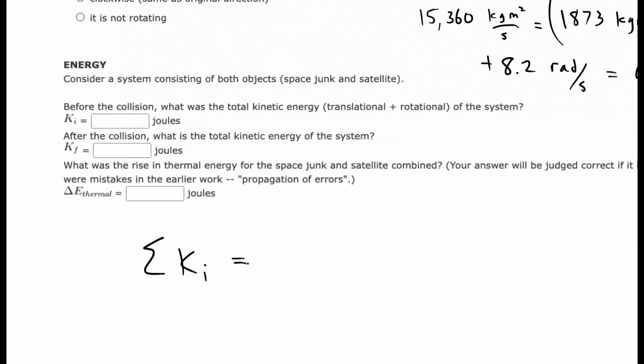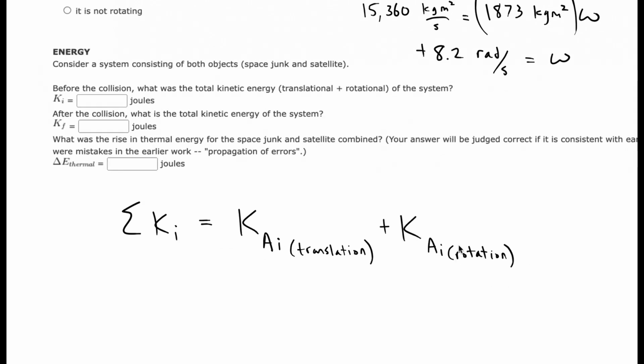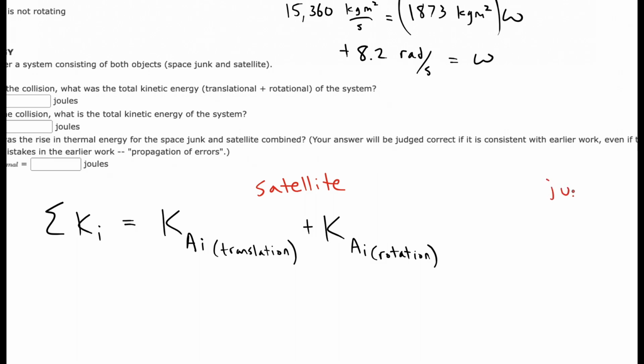So I'm going to add up the K of the satellite, and this is going to be linear kinetic energy, due to translation, and then we'll also add the kinetic energy of the satellite due to rotation, because we can have both types. This will be for the satellite, and now we also have to do the same for the junk.